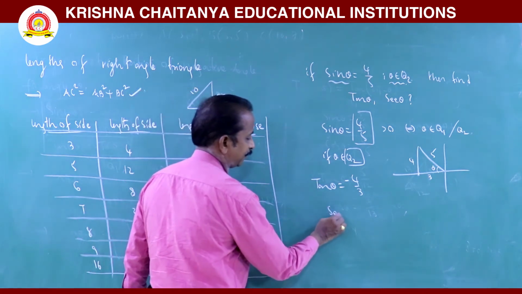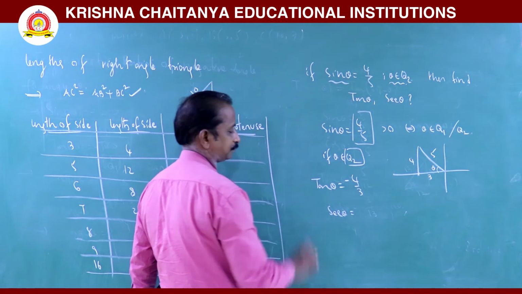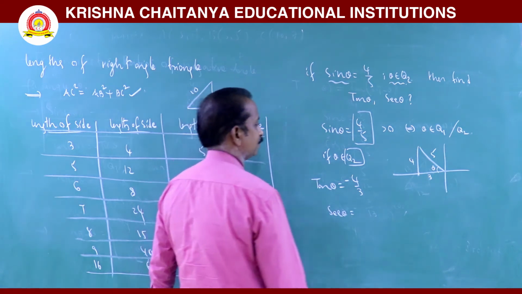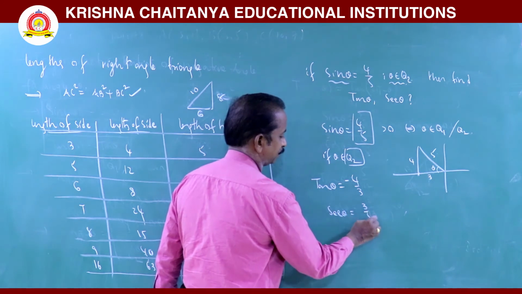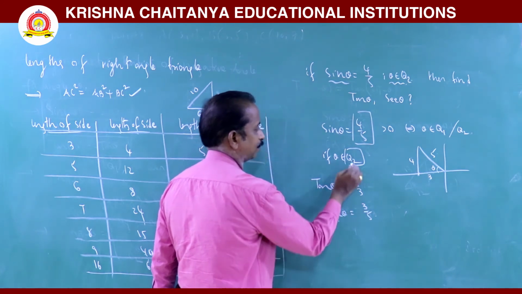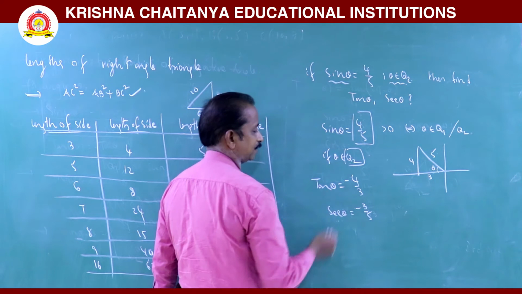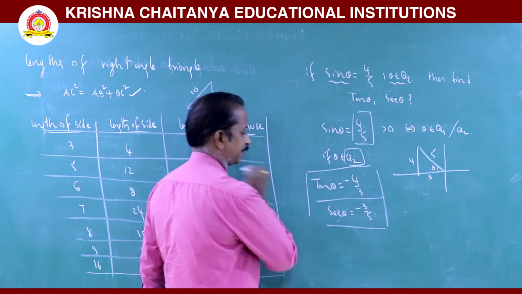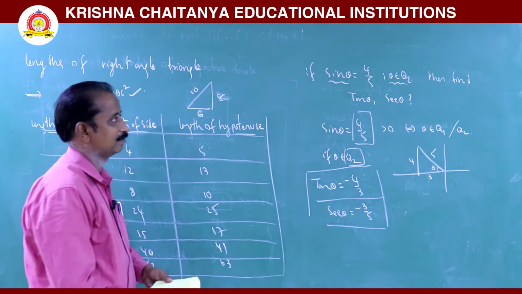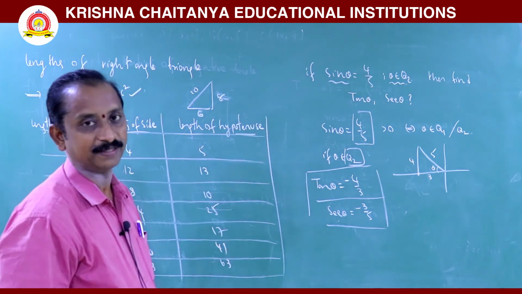Next, secant theta is hypotenuse by adjacent side, 5 by 3. But in the second quadrant, secant is negative. So, these are the values of tan theta and secant theta when the problem is given like this.